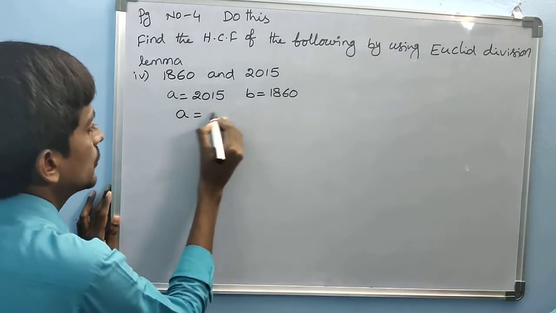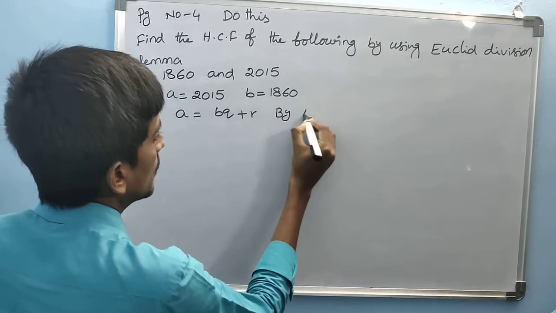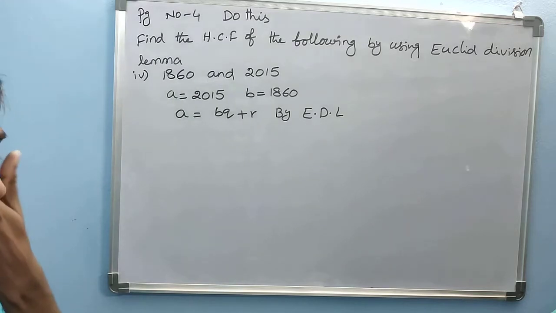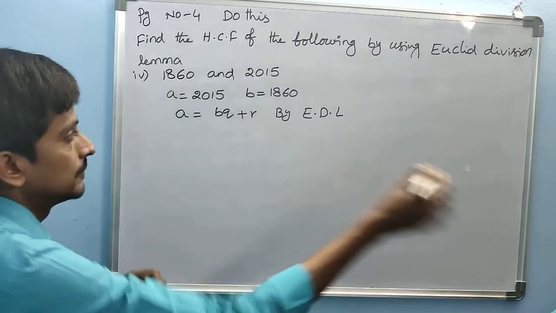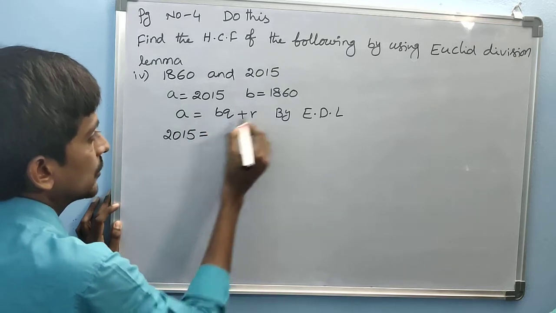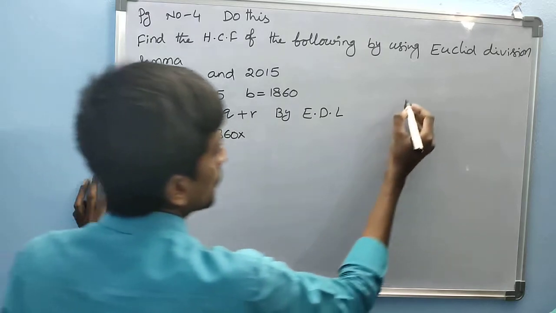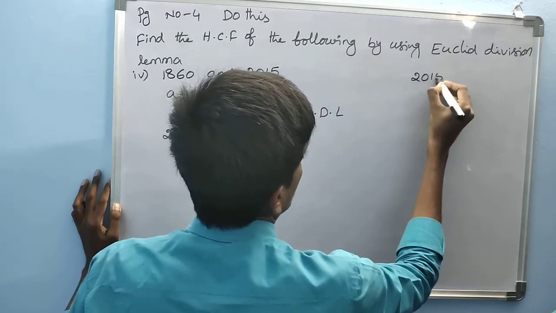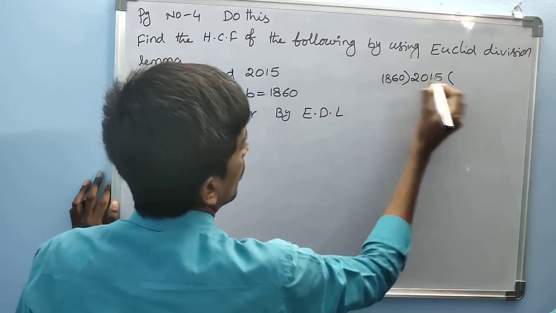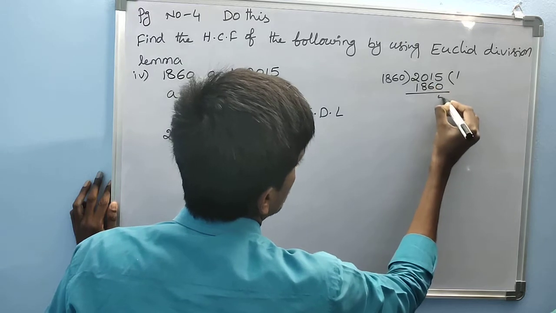A equals BQ plus R by Euclid's division lemma. 2015 equals B, 1860, into 1 time, 1860, and the remainder is 5.